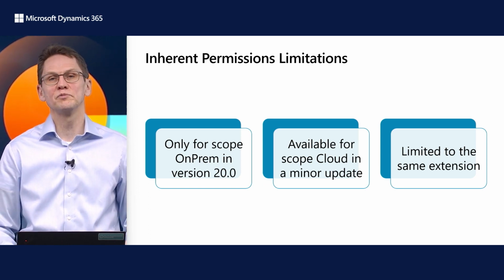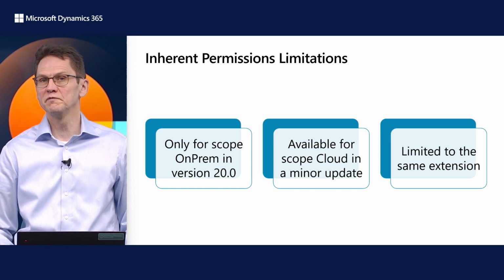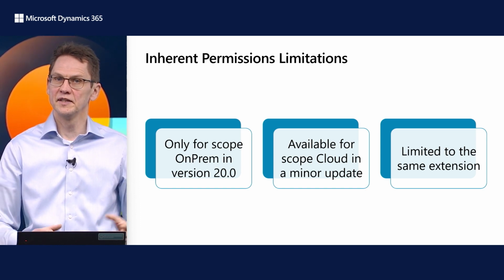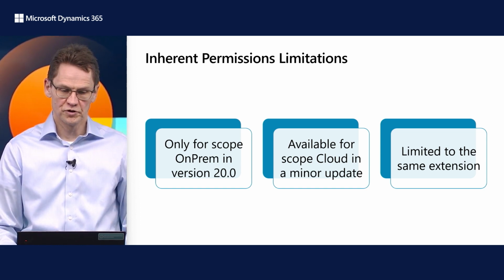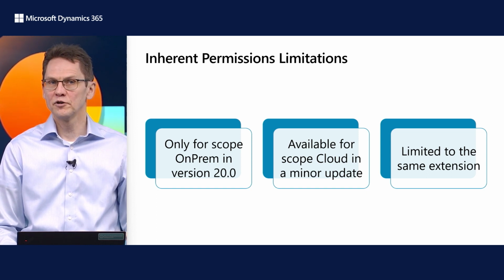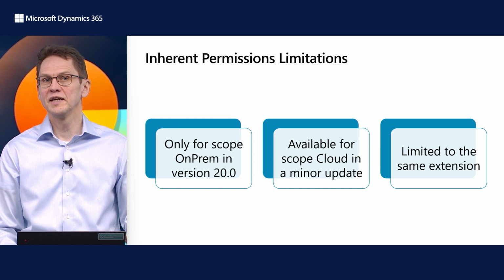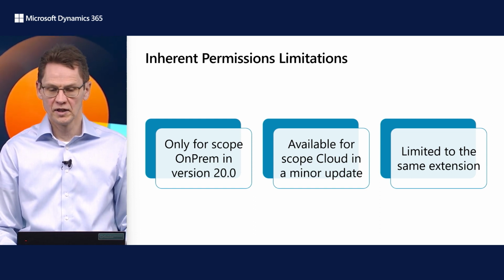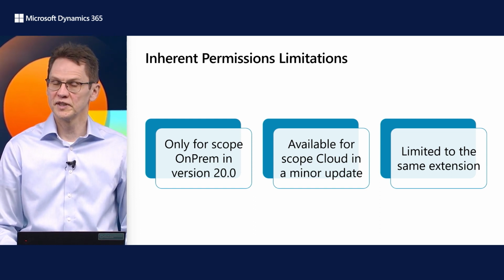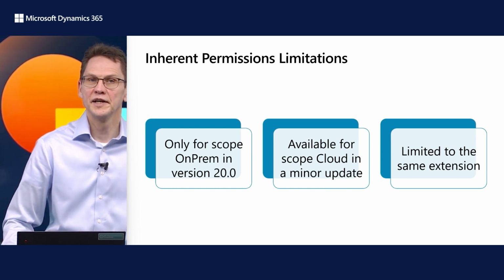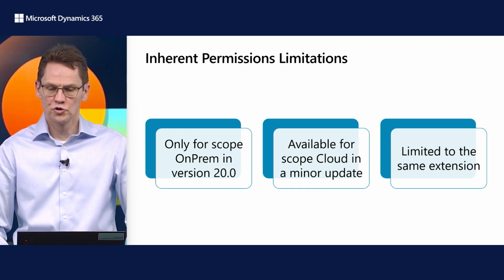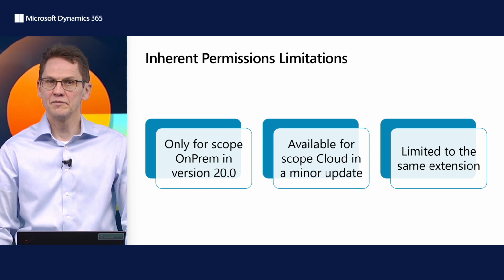First up, we wanted to make sure we got this right. So we've been very cautious in the immediate release of 20.0. So we've only allowed it for scope on-prem. We do plan to make it available for scope cloud in a minor update to version 20. Furthermore, inherent permissions is limited to objects in the same extension.